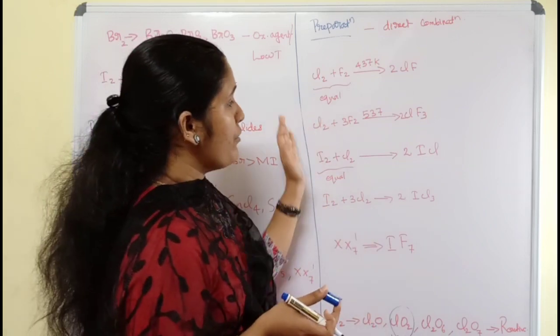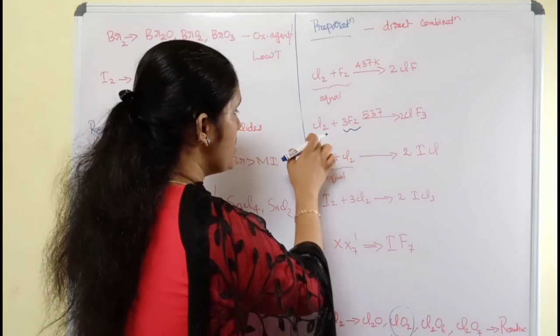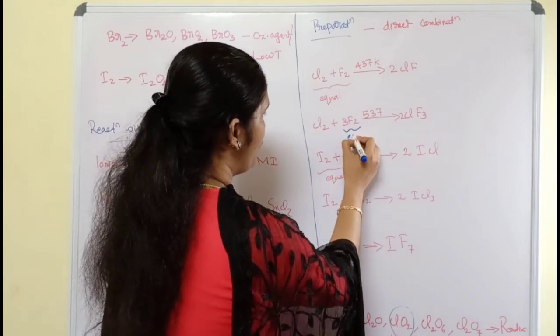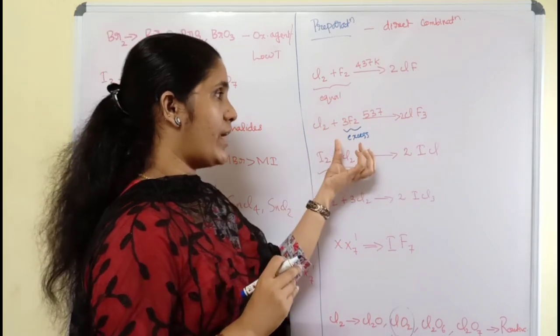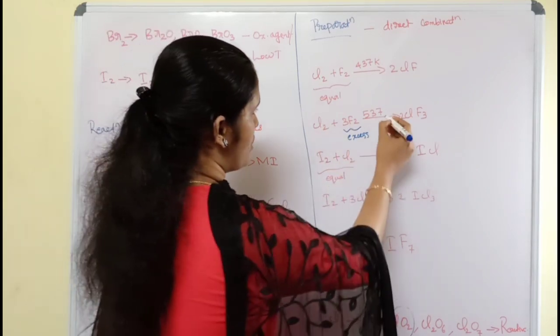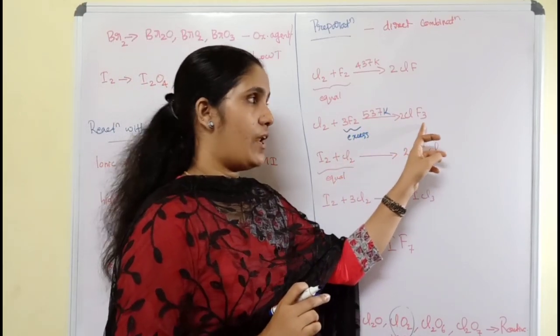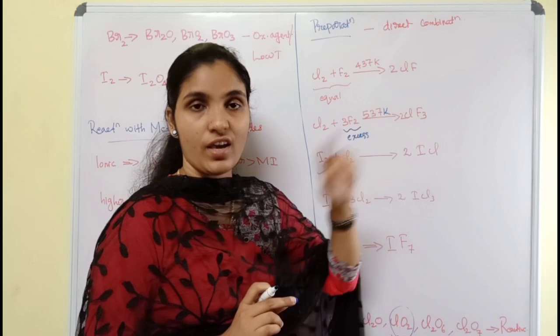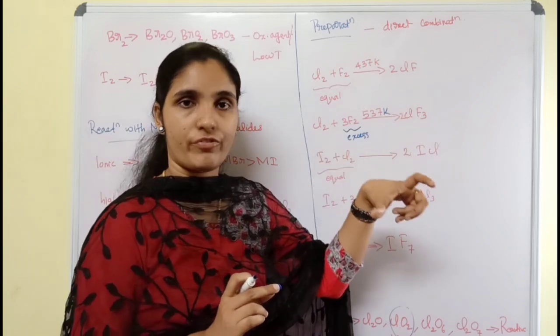Okay. And if we take an excess amount of fluorine, just to note down this difference, compared to Cl2, fluorine is in excess, and the temperature is 537 Kelvin, we will get 2ClF3. So both are interhalogen compounds, but they are of different types.